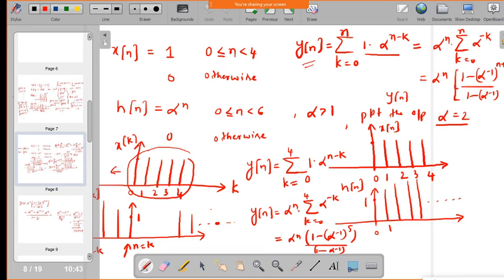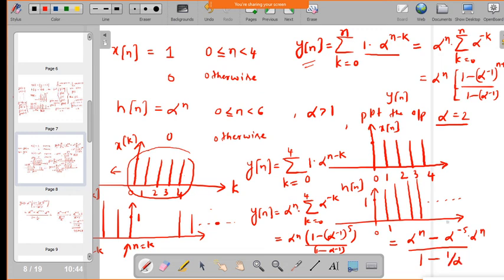So you can manipulate this, and the final resultant is alpha power n minus alpha power minus 5 into alpha power n, divided by 1 minus 1 over alpha.